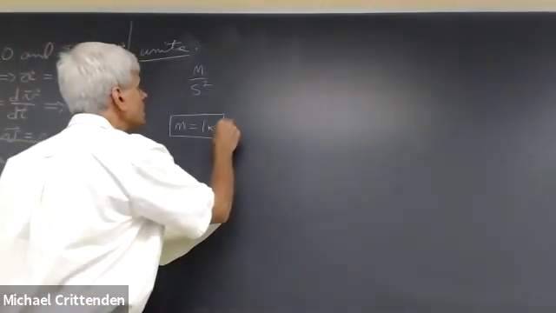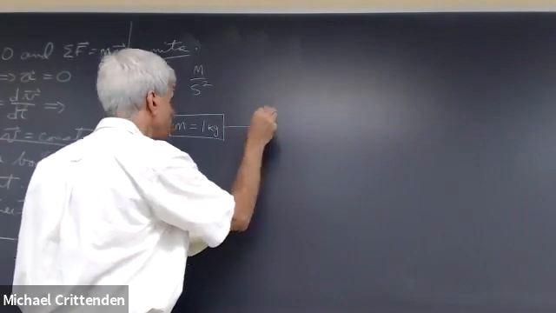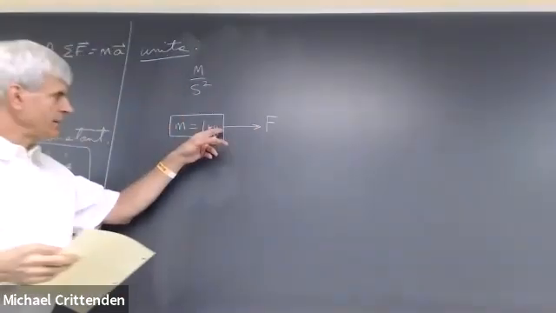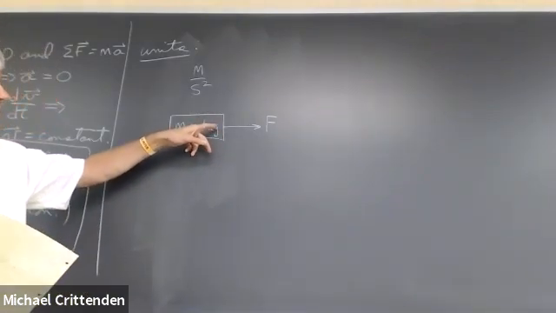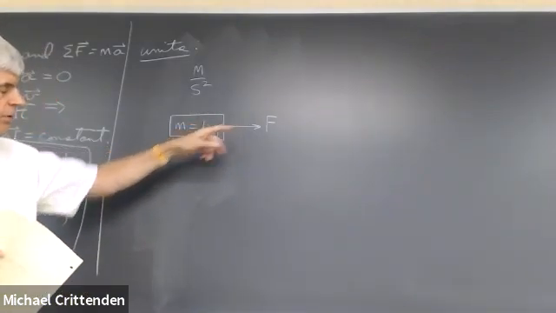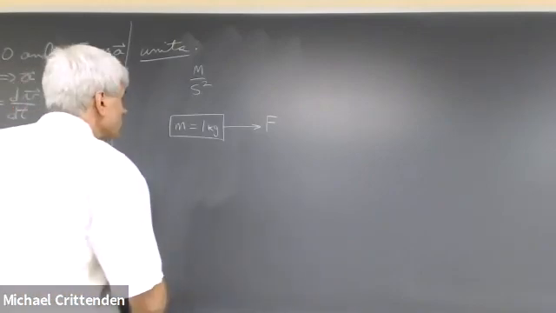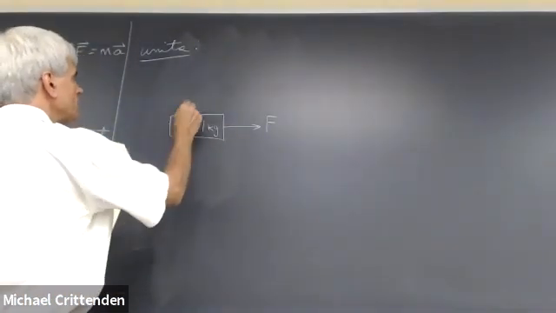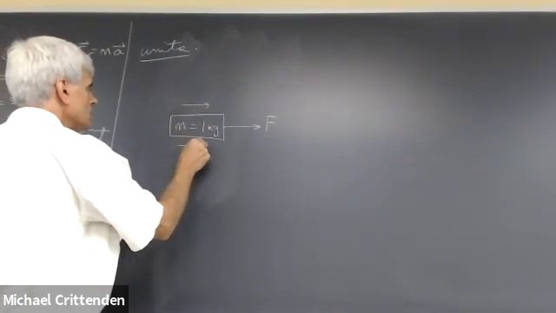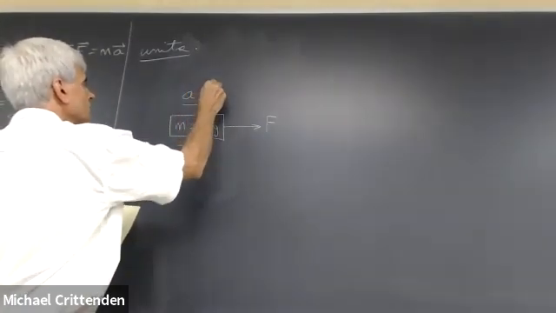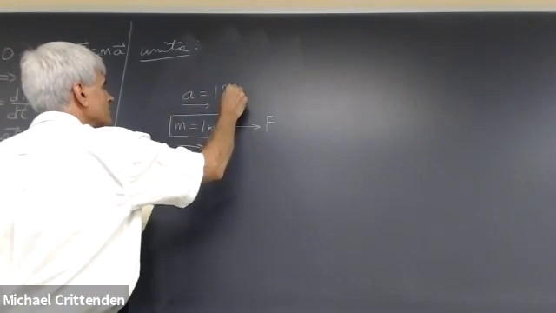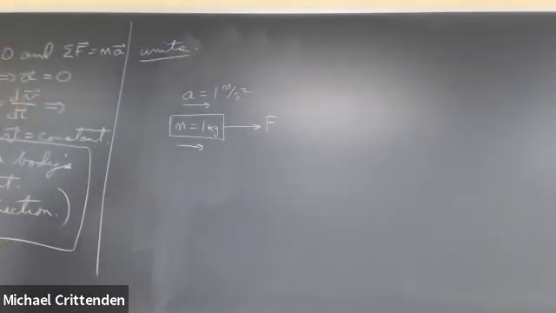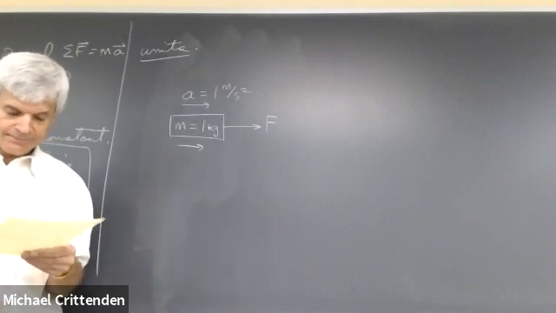And let's say you apply some force F. There's a string that's been attached to this box, and you pull on it, and you carefully adjust how hard you're pulling so that the acceleration of the box is exactly 1 meter per second per second.